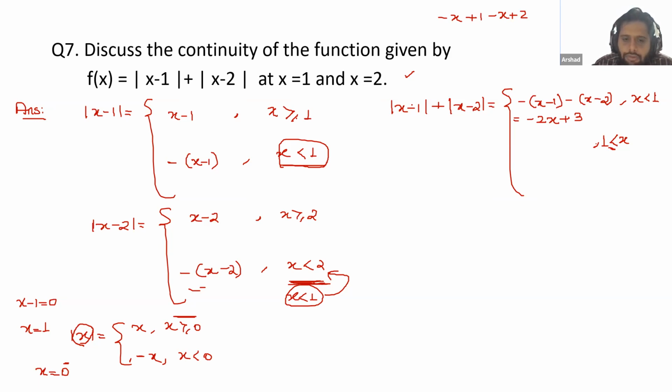I guess, Darshan, you still have some network issue. Then who can tell me? Yes, Darshan, I was saying when we are taking x greater than equal to 1, what about this function? Will this be positive or negative?